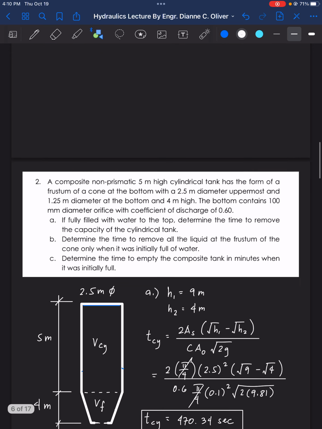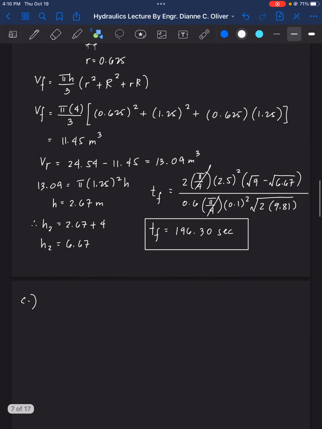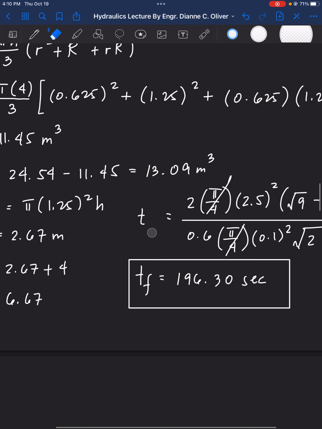Next, what's on letter C? Determine the time to empty the composite tank in minutes when it was initially full. So we're looking for the total time. We should not use TF here because we're not totally just removing the frustum of the cone.